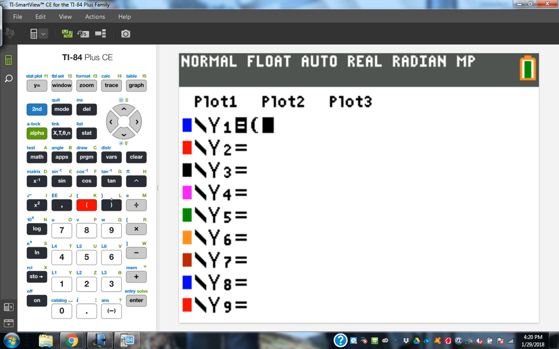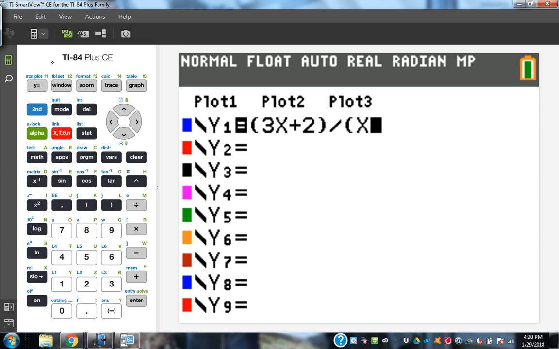Parentheses is right above the 8 and 9. And then I'm going to put a division symbol, and then open up another set of parentheses. This is where I put my inequality in. I'm going to tell it that it needs to be when x is less than -2.